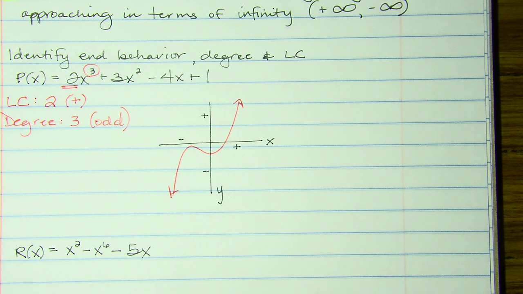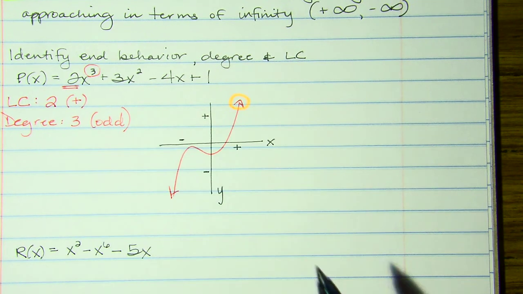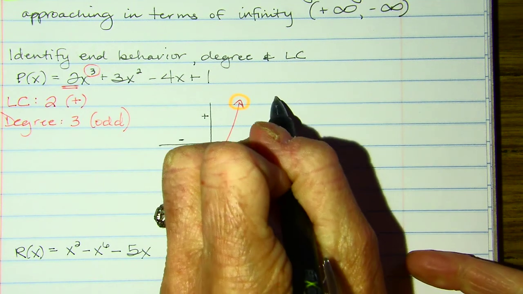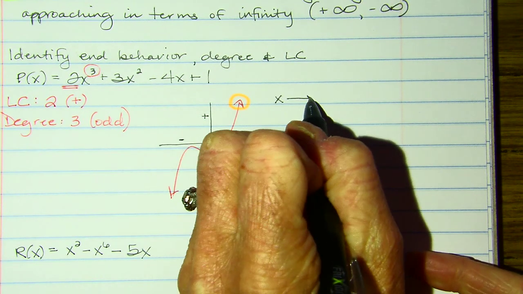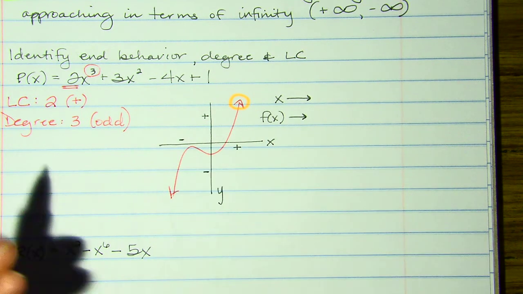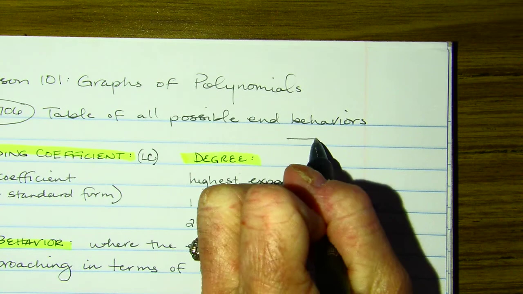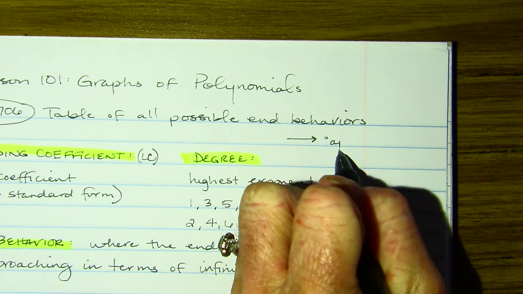So let's start with the top right. And I'm going to talk about where x is approaching and where f of x is approaching. So please know, and I should have written that up here, that this symbol means approaching.